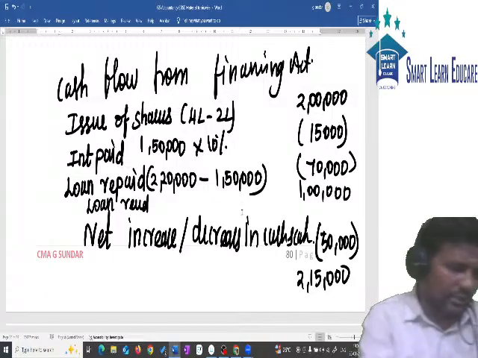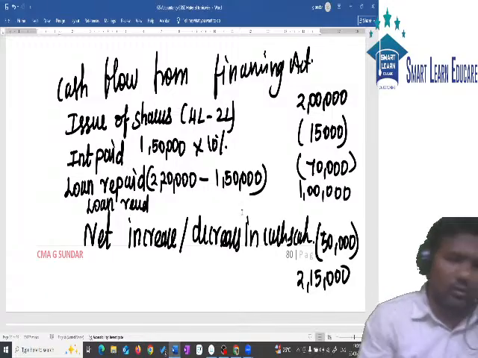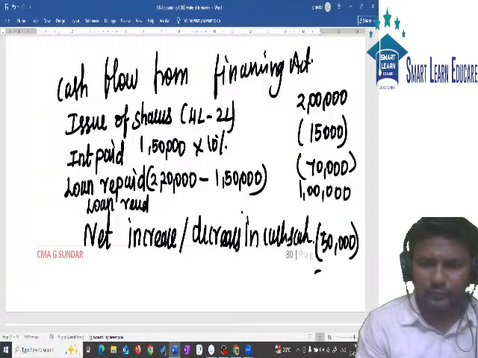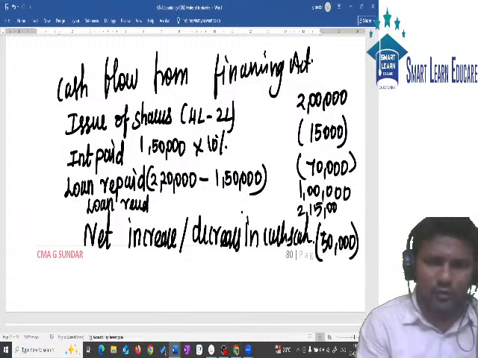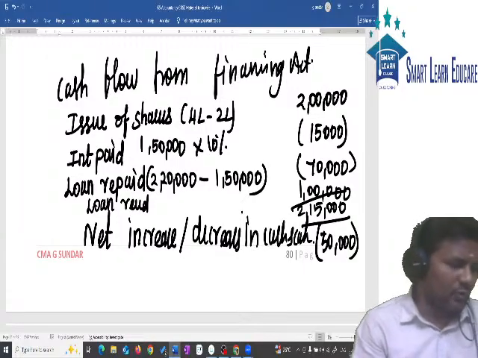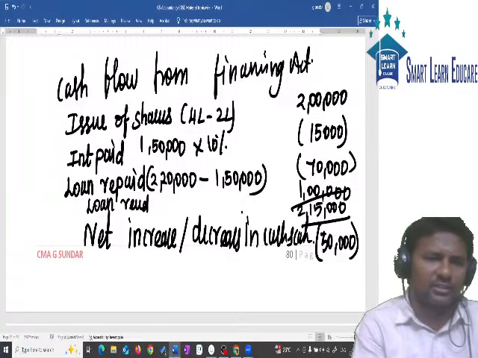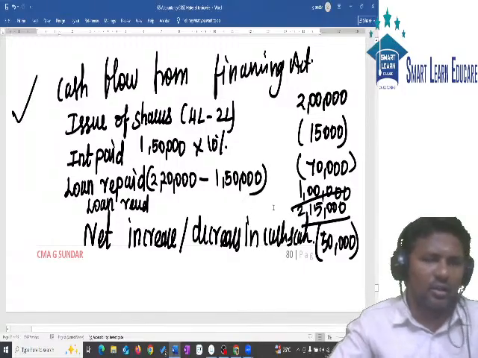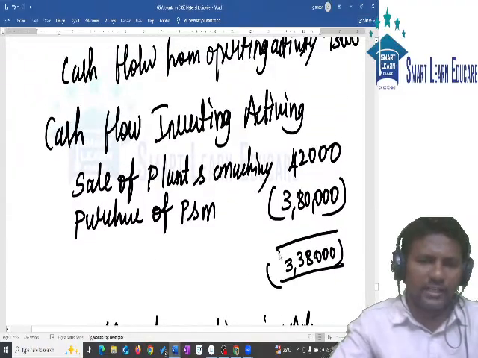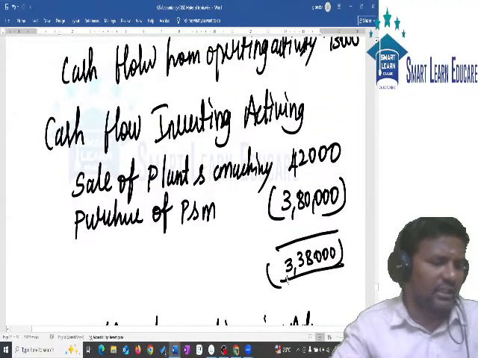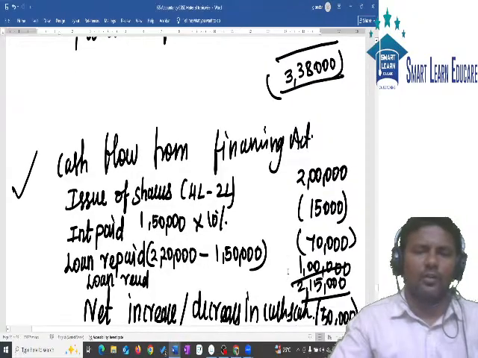Sorry, this will give you answer as 2 lakh 15,000. Inflow, I think inflow correcta. Exam question la இந்த ரெண்டு விஷயம் தான் கேட்டிருக்காங்க. 2 lakh 15 is financing activity, also investing activity padi it is 3 lakh and 38,000.